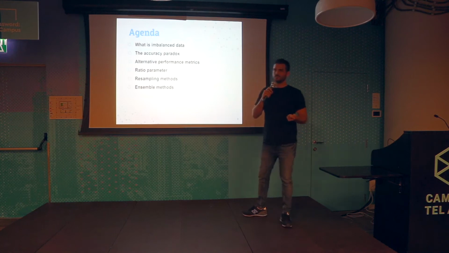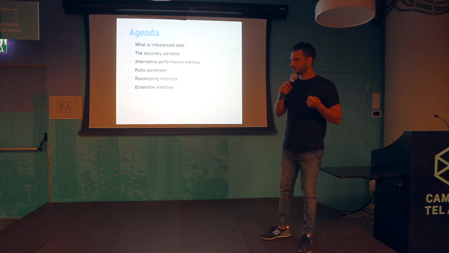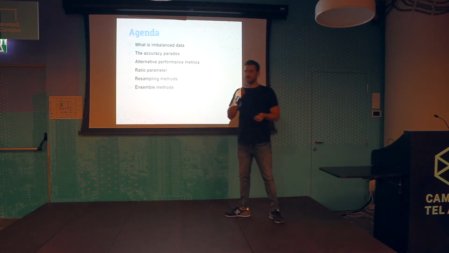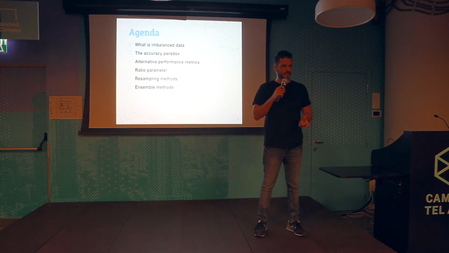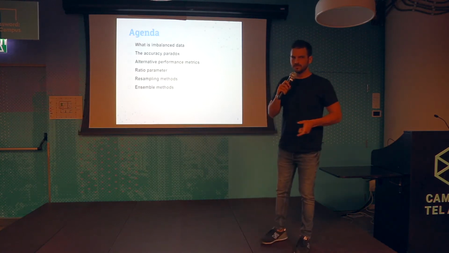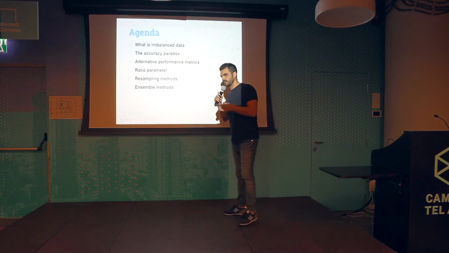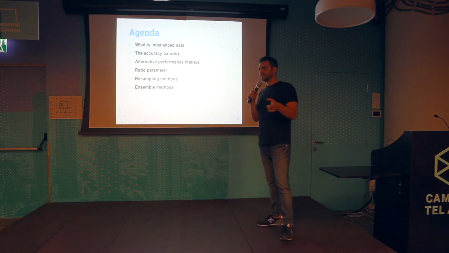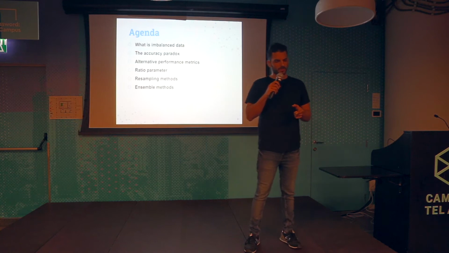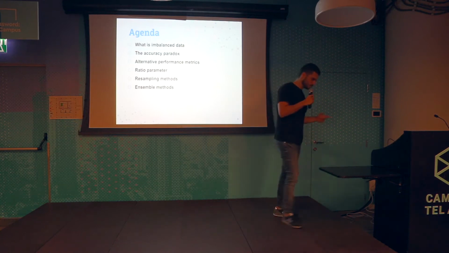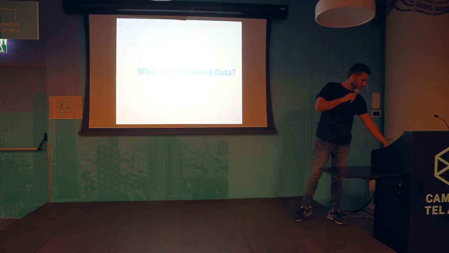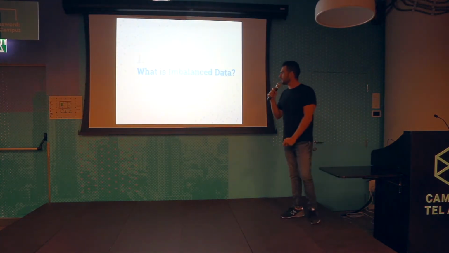We're going to talk about the ratio parameter, which is a pretty powerful tool if you work with scikit-learn. We're going to talk about some resampling methods, which involve mainly manipulating the data, and that's going to be the bulk of the talk today. And we're going to finally mention some ensemble methods, which is a different tactic for the actual algorithm that we're going to use. This is fairly technical, so I will try to make it brief, so you'll be cool with it. All right, so let's start.